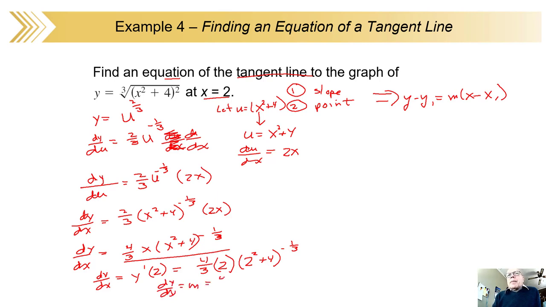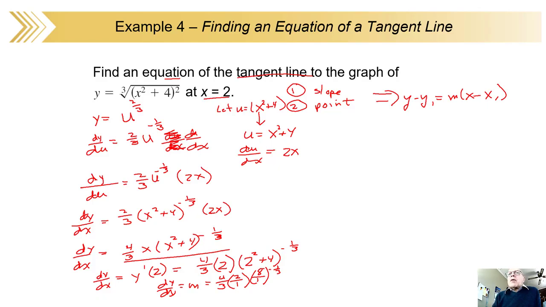What do I have? I've got 4/3. Since we've got fractions, I'm going to write everything as a fraction. This will be 2/1. And here I've got 4 plus 4, that's 8. I'll write that as 8/1.